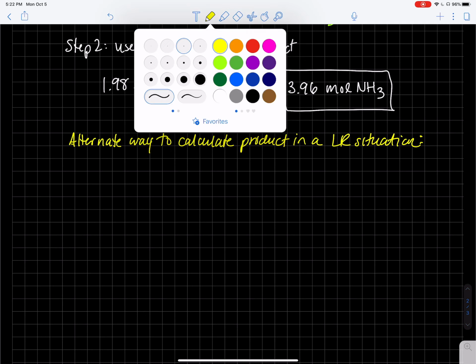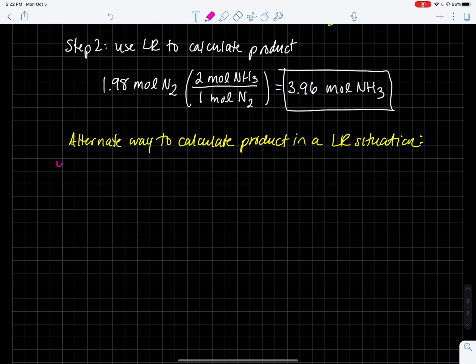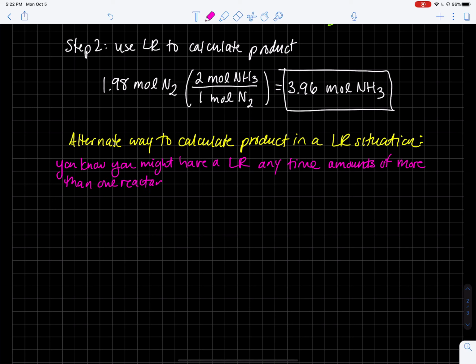You might have a limiting reagent anytime that amounts of more than one reactant are specified.